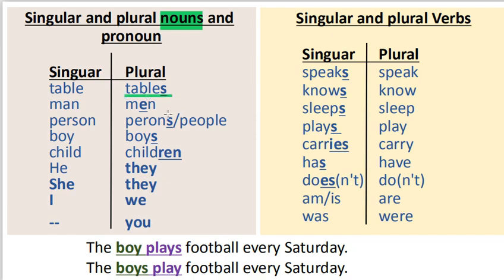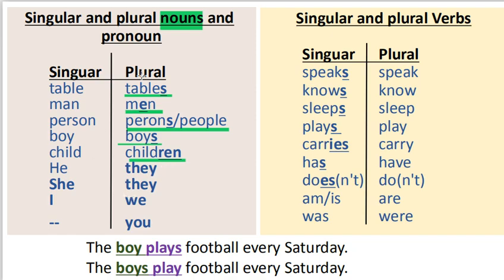Man is singular, the plural is men. Person is singular, the plural is persons or people. Boy is singular, the plural is boys. I know that you know all of this, and that is why I'm giving just very few examples. Child is singular, the plural is children.